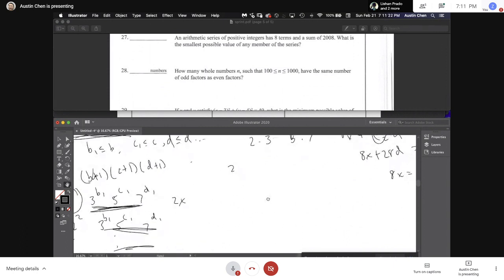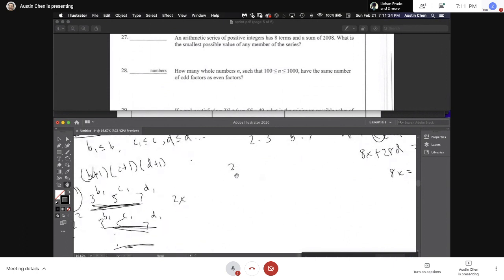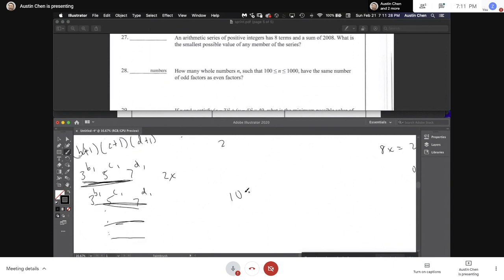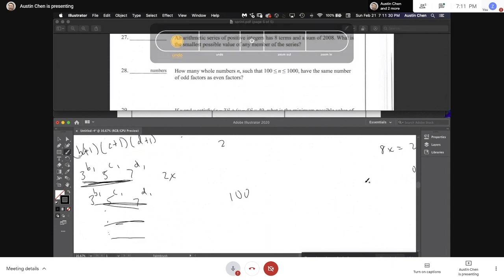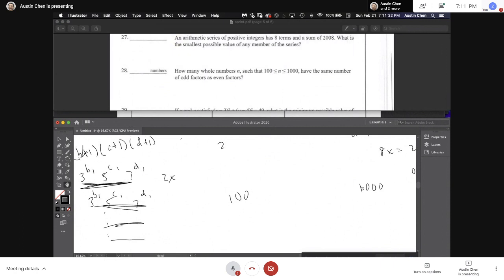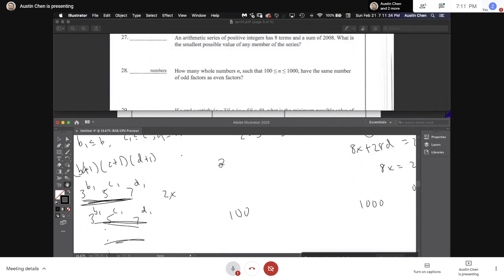Okay, so now that we have that condition, now we need to apply it to this range from 100 to 1000 inclusive. Now, if a number only has one factor of 2, that's the same thing as saying it's 2 mod 4, right?